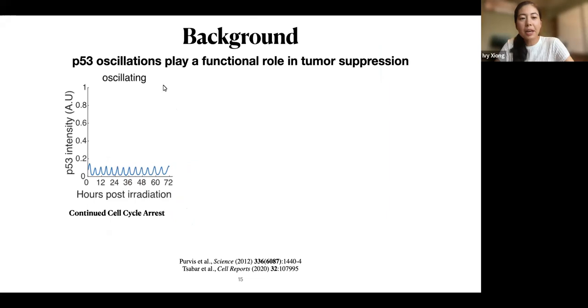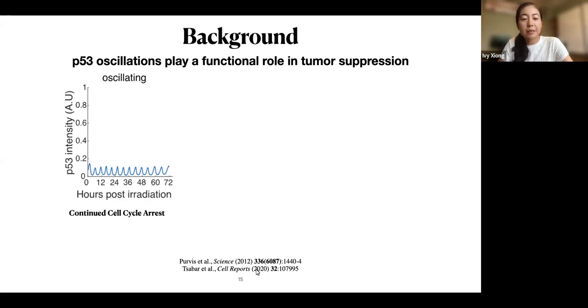Another question I had is, now that the oscillatory behavior has been well recorded and is very robust, what does it do? It turns out it's not a straightforward question, because many people in the field have a strong resistance to assigning any functional role to PV3 oscillations, as well as other transcription factors.